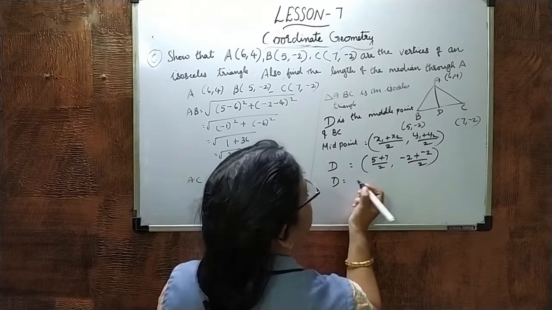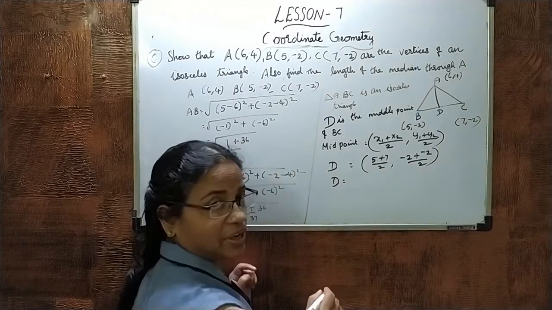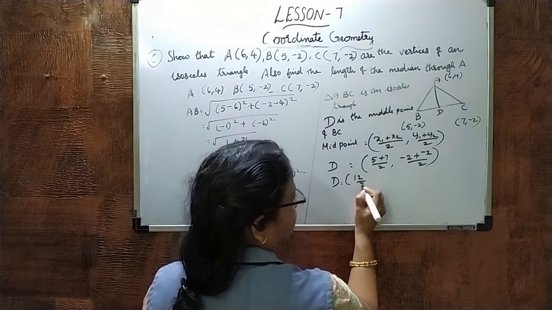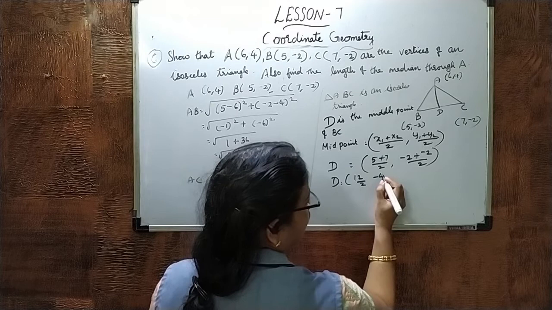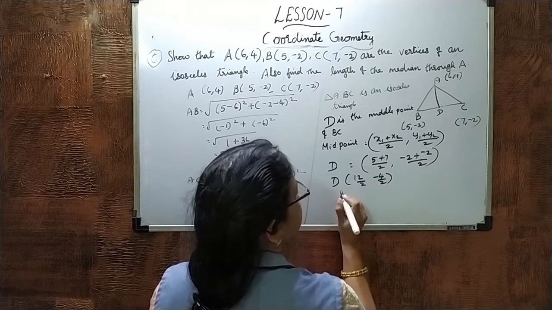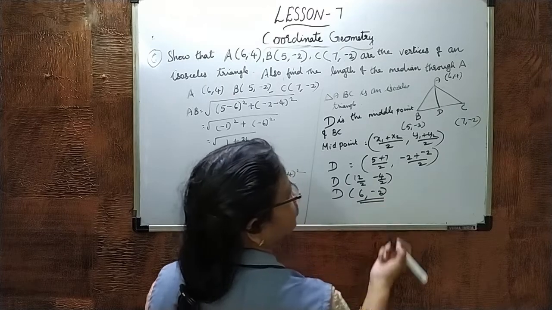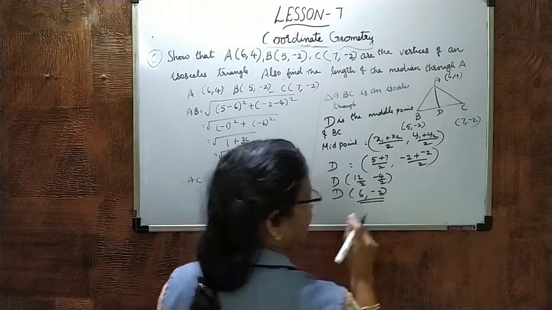So D equals, what you will get? 5 plus 7, 12 by 2 and then negative 4 by 2. That means here you will get 6 and negative 2. Here you got 6 and negative 2.